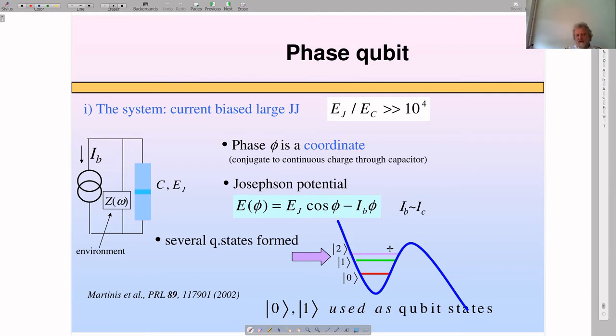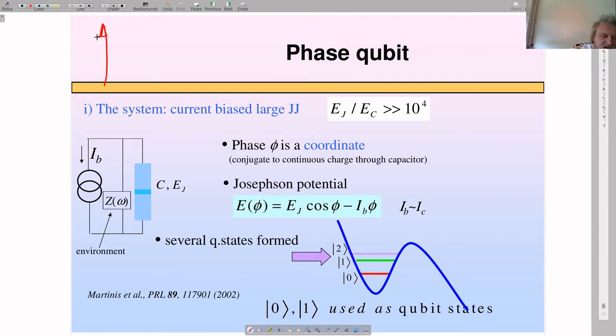It is just a single junction, no island. And how does it work? You might remember the washboard potential for a Josephson junction. Let me quickly recall it.